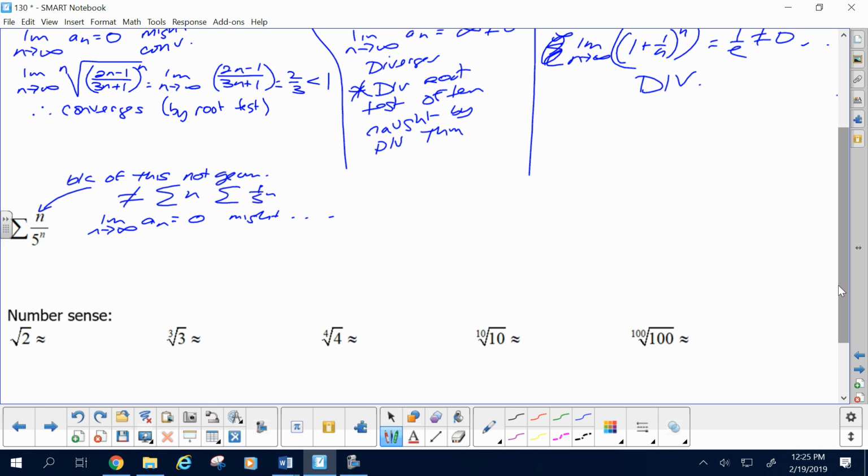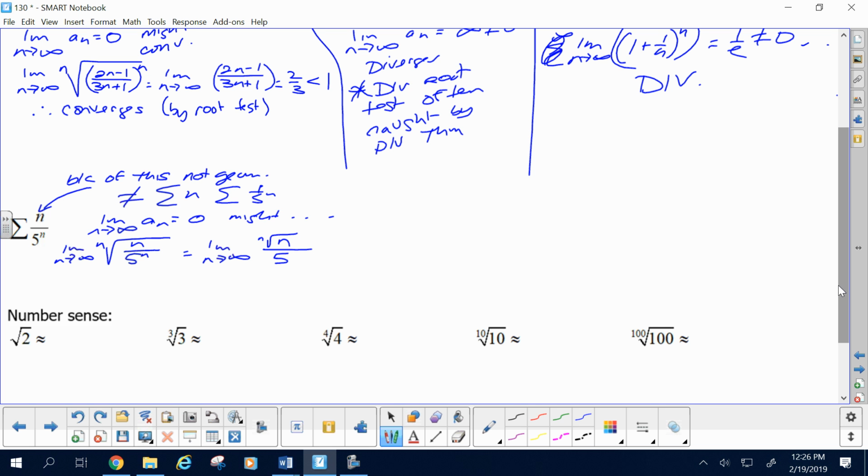All right? So we could try a couple different tests. The ratio test actually would work here, but let's say we tried the root test. If we took the root test on this, then we take the nth root of n to the 5 over n. Now the top requires a little bit of instruction, but the bottom comes out to be 5.